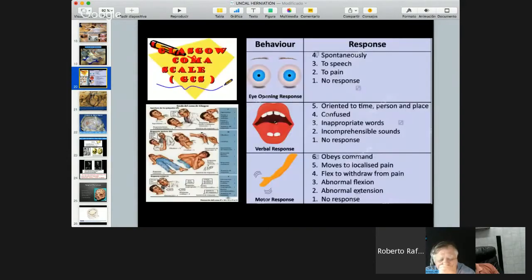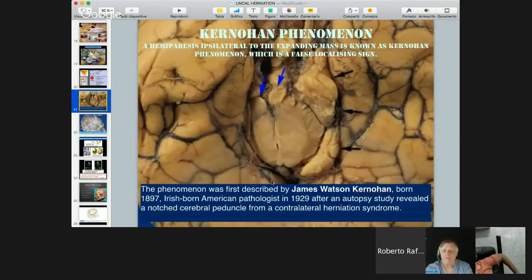The patient should be evaluated completely with the Glasgow Coma Scale, and it is important to examine the eye opening response, verbal response, and motor response, of course. And there is the Kernohan phenomenon.